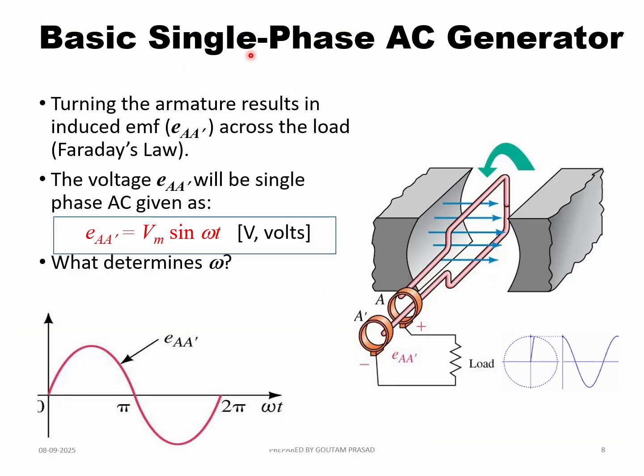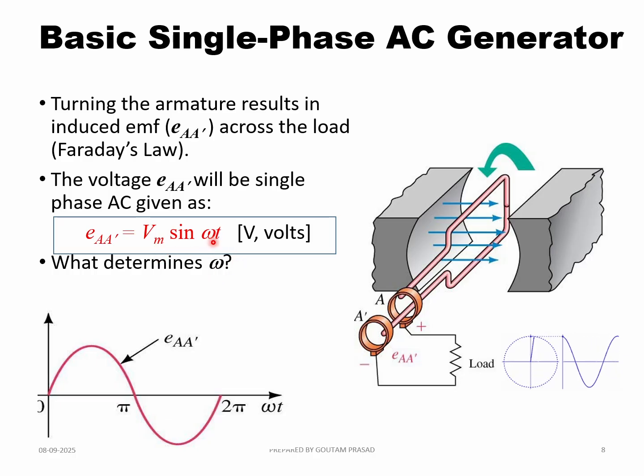Next, the basis of the single-phase AC generator, which I was discussing in the previous slides. In this turning of the alternator, we have two slip rings here, connected across a load. So here also AC is generated, as I was discussing, and the amount of voltage induced, EAA', basically between the two slip rings, is Vm sin omega t.